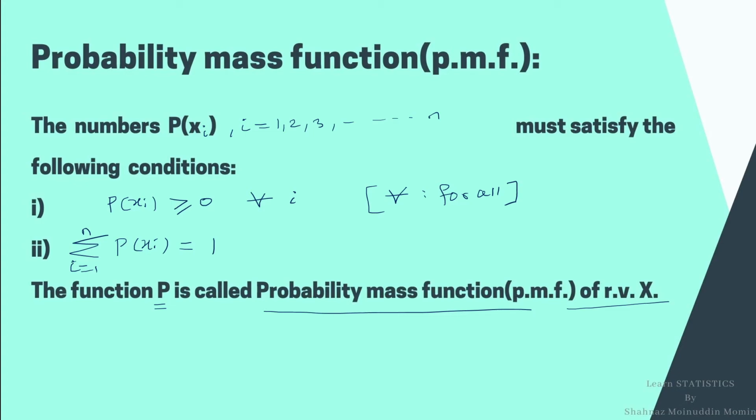The first condition is that the associated number p of xi must be non-negative, meaning it is either 0 or greater than 0, and if we add all these numbers then it should be 1. Then and only then that function p is called a probability mass function of that random variable x. In this way we complete today's lecture.